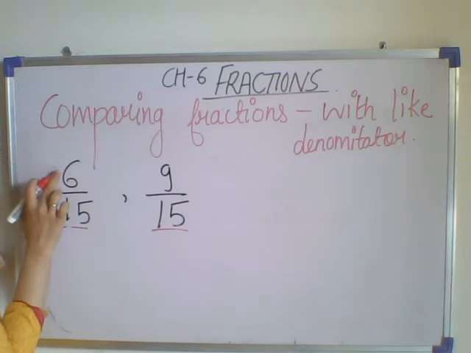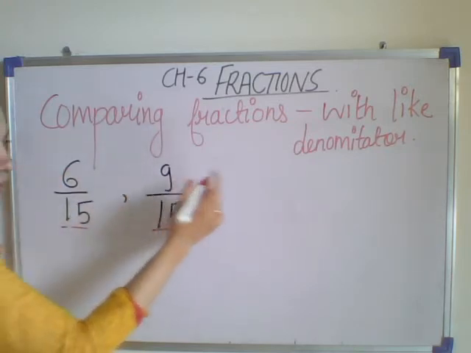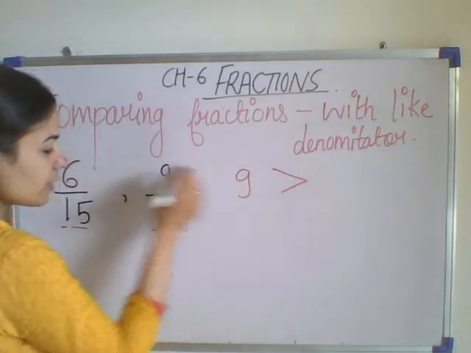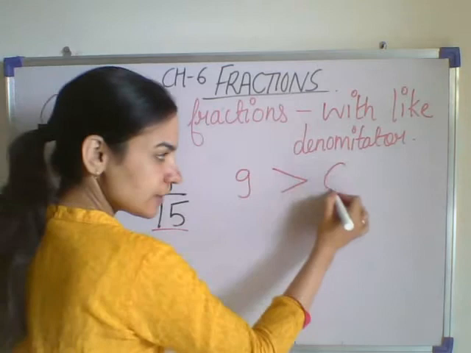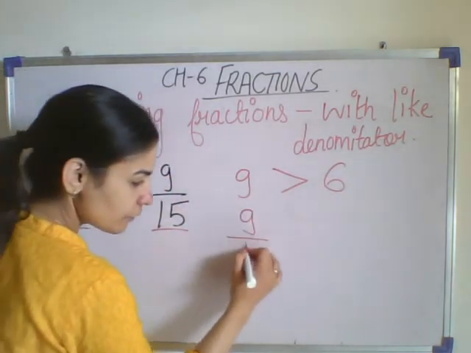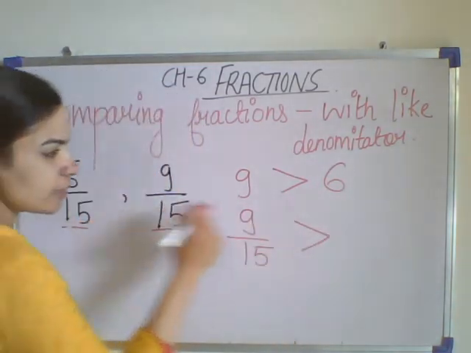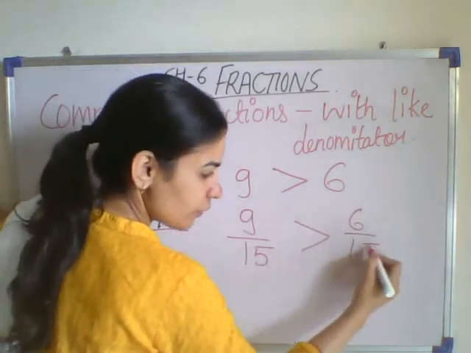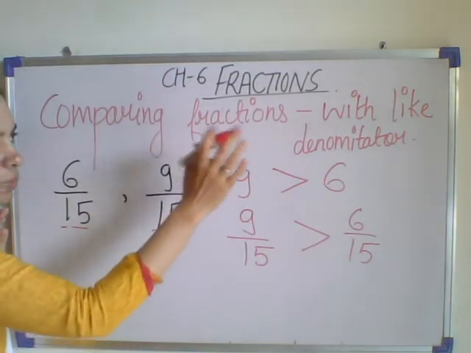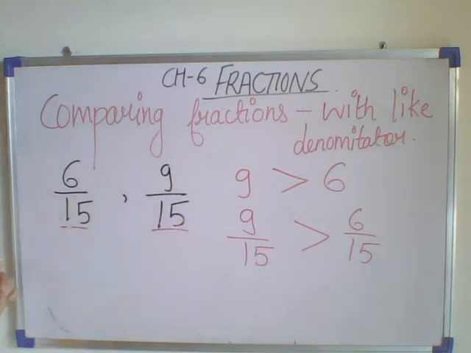Now look at the numerator. Here it is 6 and here it is 9. So 9 is greater than 6. So the fraction 9 by 15 is greater than 6 by 15. In this way, we compare fractions with like denominators.